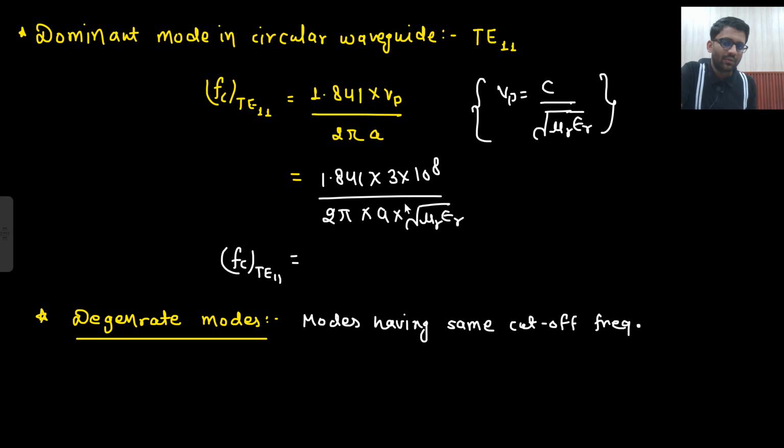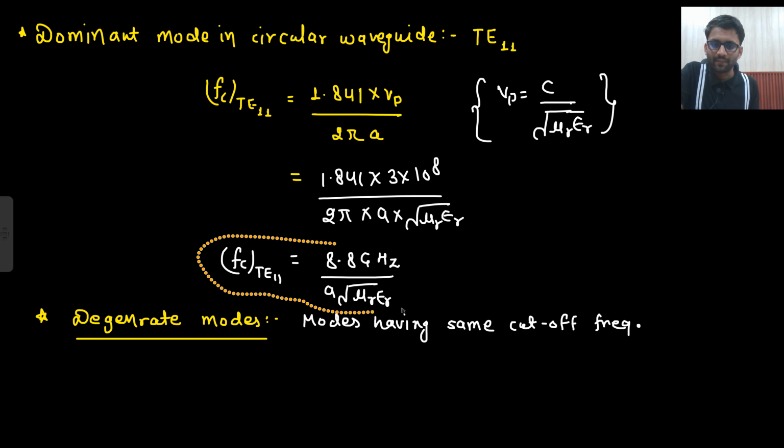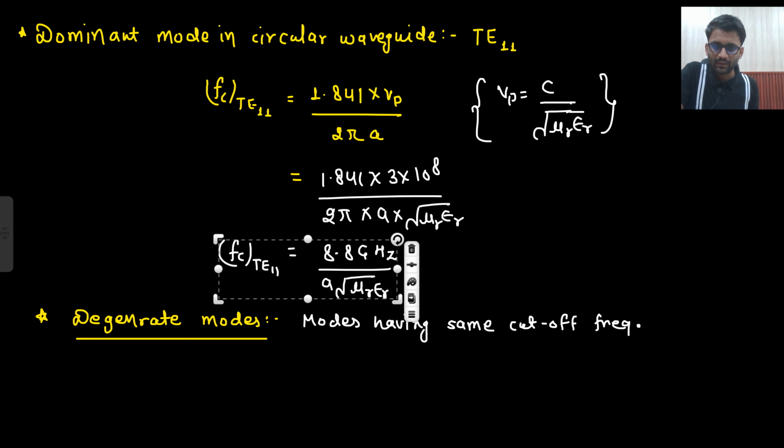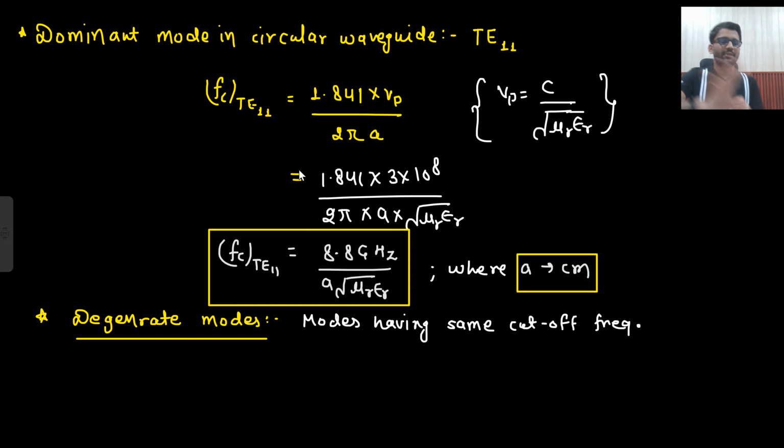I know these values, 2 pi I know, so I get 8.8 gigahertz divided by a under root mu r epsilon r. This is the FC value I get, where a should be in centimeter. Very important point. I am assuming that a is in centimeter, then I get this expression.